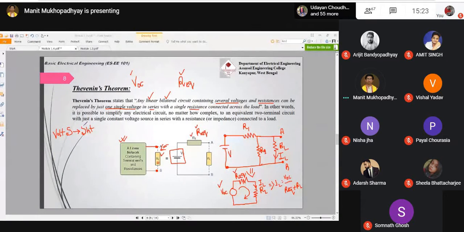When we calculate the R equivalent, the voltage source will be short circuited, and the current source will be open circuited.